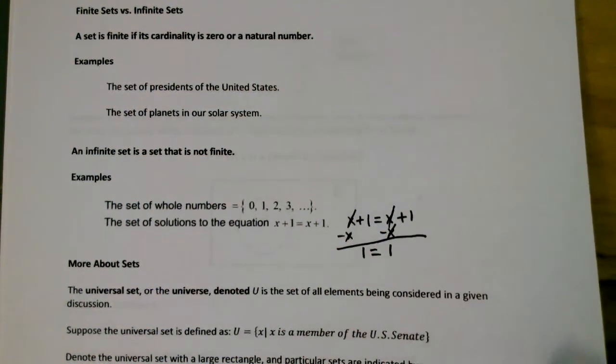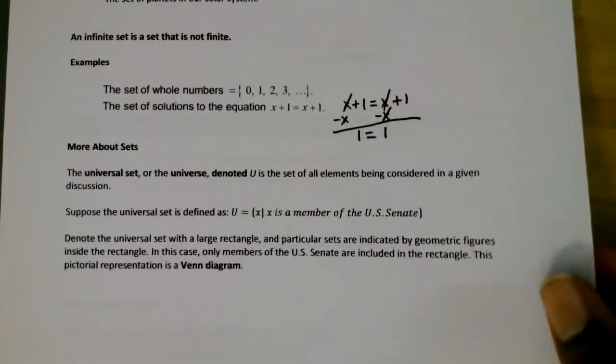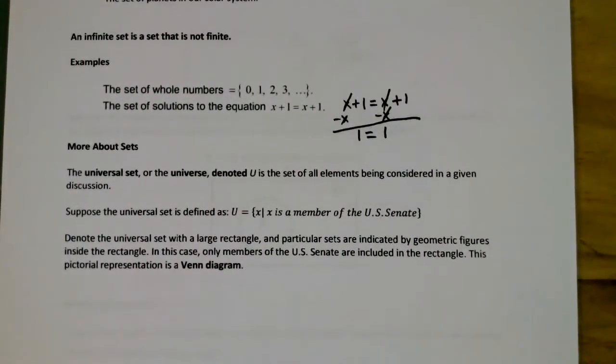All right. Here are some more things that are related to sets. In this case, the universal set or the universe, denoted by a capital letter U, is going to be the set of all elements being considered in a given discussion.